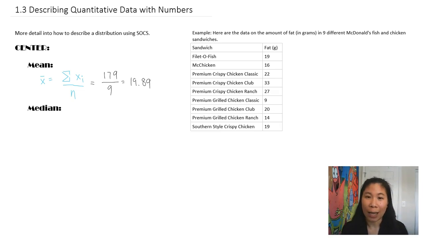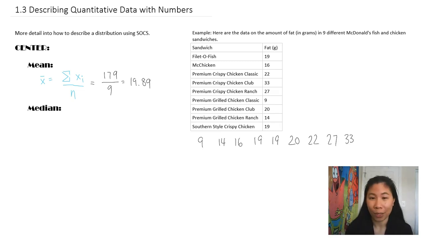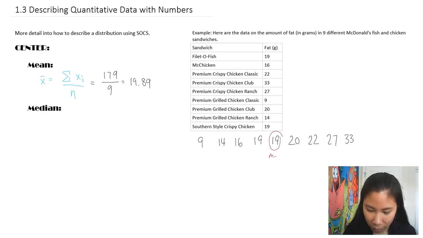First I'm going to have everything put in order in my calculator. Remember, that's the sort A function, but I'm just going to write it out here. Okay, so I've put everything in order here, and we're going to count towards the middle to get to the median. Here we have an odd number of data points, so that means the median is going to be this 19 right here. This is our median.